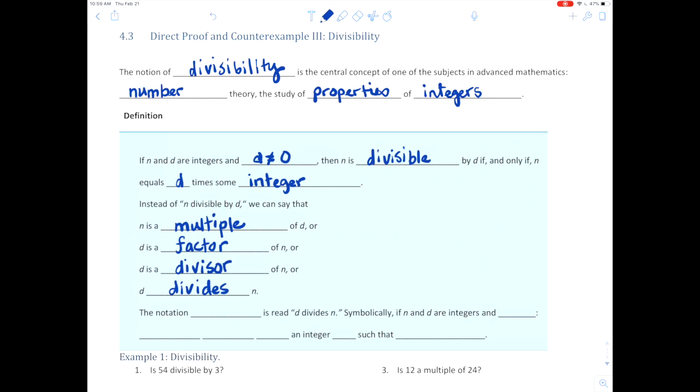This notation here, the d with the straight line and then the n, means d divides n. Symbolically, if n and d are integers and d is not equal to 0, d divides n if and only if there exists an integer k such that n is equal to d times k. And remember, k could be any integer that makes this statement true.